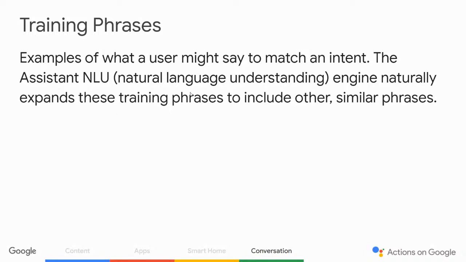So whenever the user says yes, the action would identify that, okay, I've received this input called yes. Is there an intent that is defined to understand that? If there is an intent, then what should I do next? Training phrases are very similar to that. The training phrases will identify based on what the user is actually giving back to the conversation.